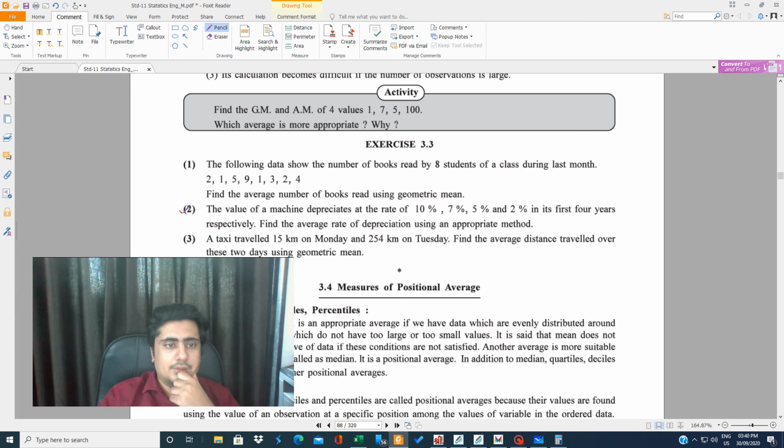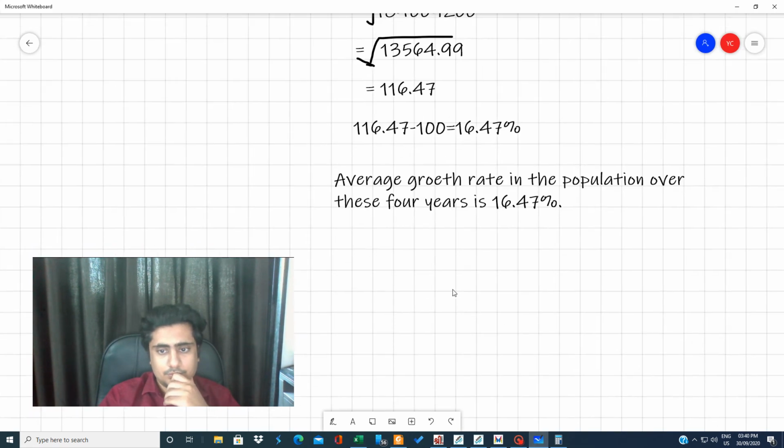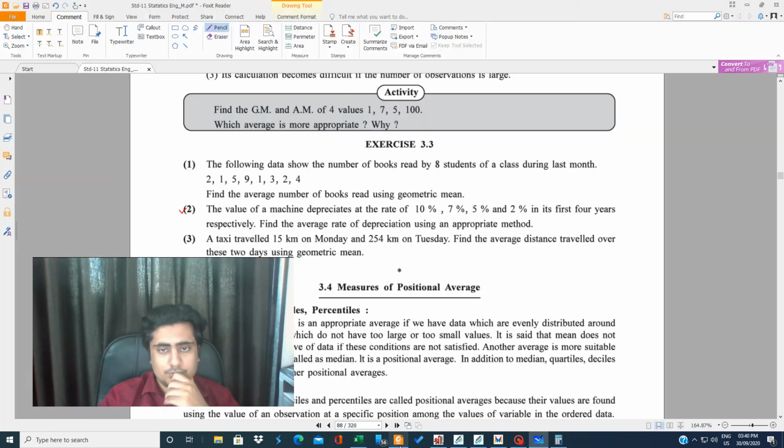Then let us solve the next sum. Exercise 3.3, sum number 2. The value of machine depreciates. Now you all know the meaning of depreciation. Okay, you have studied in accounts.